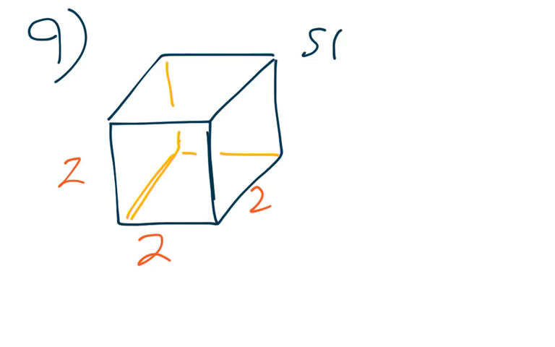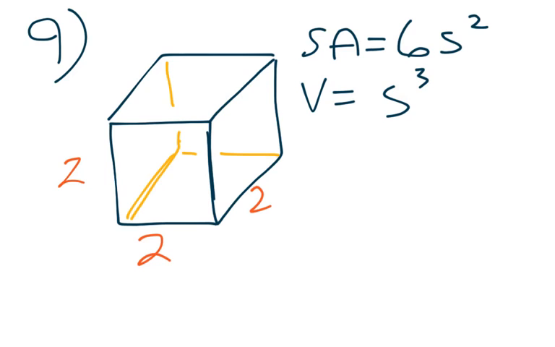One is surface area, which is 6 times the side squared, since the area of a side of the box is length times width, and there are 6 sides. And then the volume, which is side to the 3rd power.